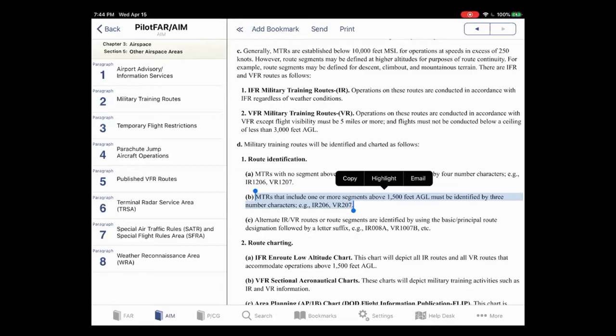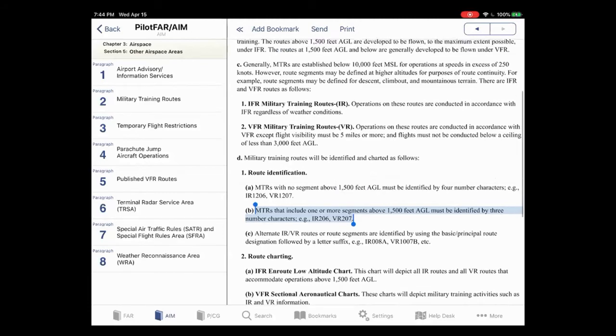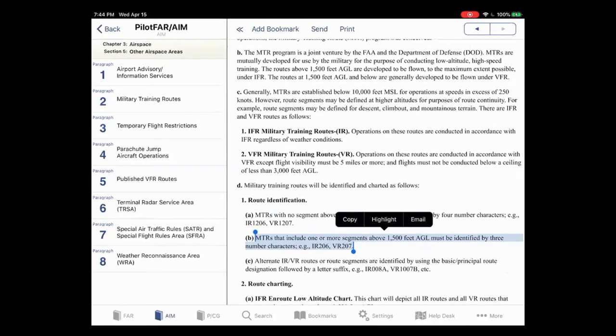Well, if you're going to choose to cross it in the first place, if we look further in here, it basically designates that, at least from a visual sectional chart, we don't know the actual width of the corridor. All we know from the Aeronautical Information Manual is that it simply states that these are several miles wide, whatever that means. Is that 3 miles? Is that 5 miles?